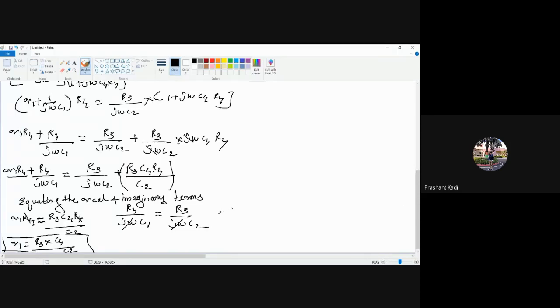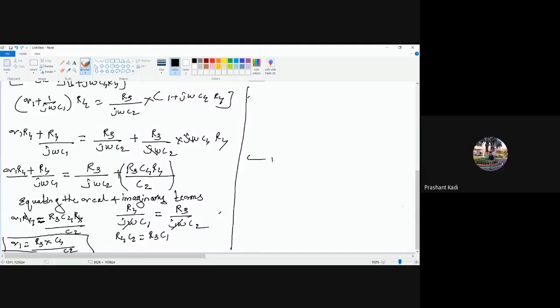It is R4 into C2 equals R3 into C1. So what is the value of C1? C1 equals R4 C2 by R3.